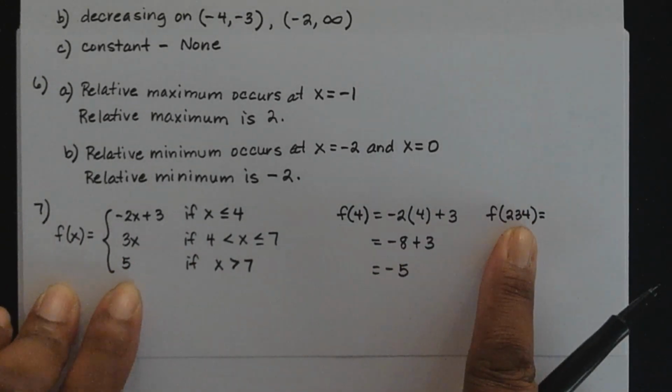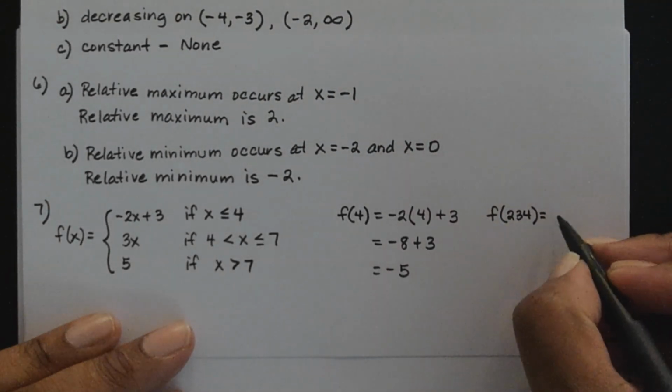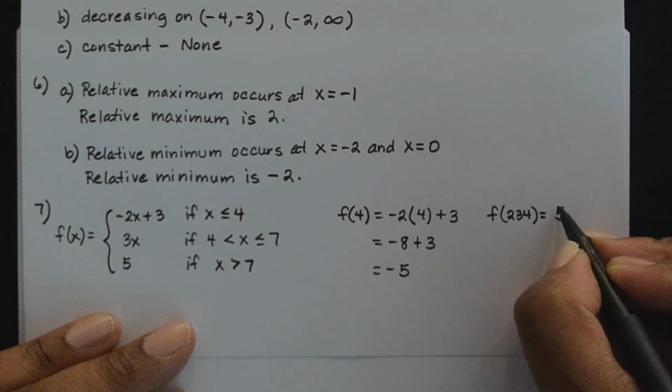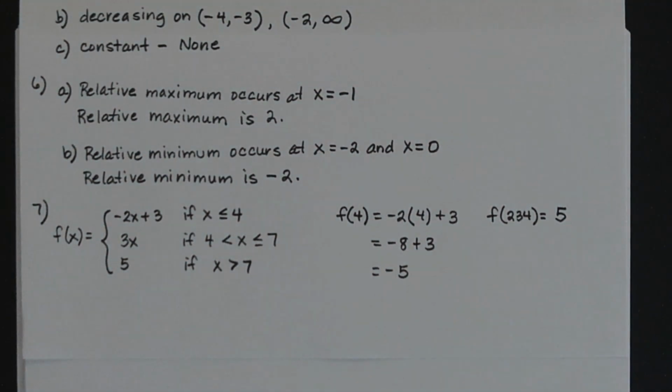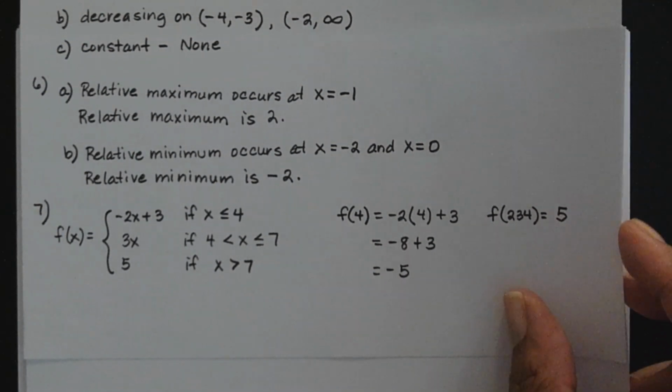Because 234 is greater than 7, so that means we have to use just a 5, and there is no x that we can substitute. So f of 234 would just be equal to 5. Okay? And any x value bigger than 7, if you were to graph that, you're going to end up getting a straight line past 7. All right, any questions on number 7?